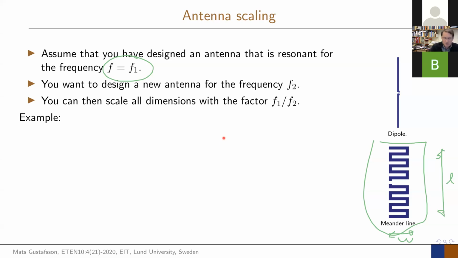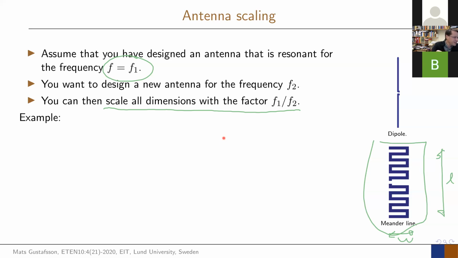So what you can do is scale all dimensions here with a factor which is F1 over F2. And that means that if you had it for 1 gigahertz, you want to have it for 2 gigahertz, then it is 1 over 2. So you should make all dimensions half as big. And that's really what's happening for antennas. In some cases, of course, you're not allowed to scale everything. Then it's a little bit harder.